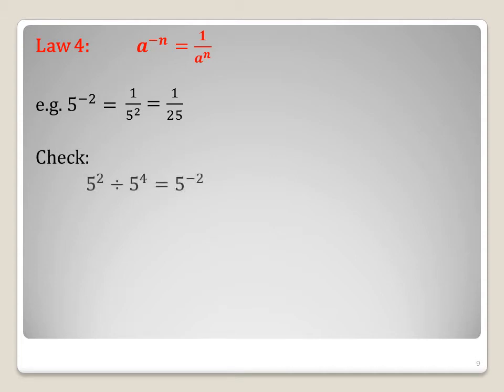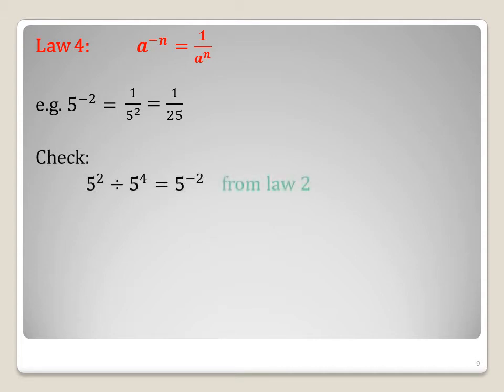Law 4. Law of negative index. For example, 5 raised to the power of minus 2 equals 1 over 25. To check, 5 raised to the power of 2 divided by 5 raised to the power of 4.